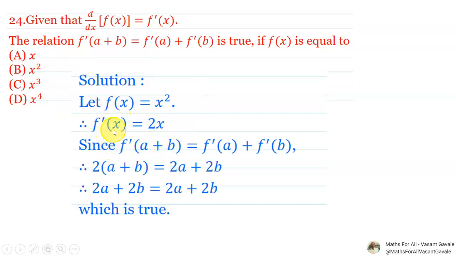Its derivative is f dash of x is equal to 2x. Since f dash of a plus b is equal to f dash of a plus f dash of b, you will get 2 times, that is replace x by a plus b, that is 2 times in bracket a plus b is equal to 2 times a plus 2 times b. Okay, and this is true.